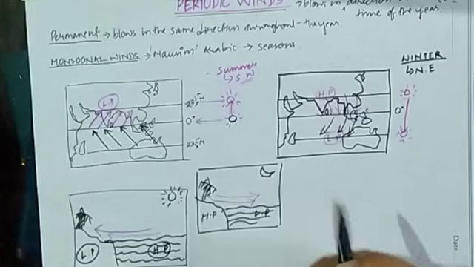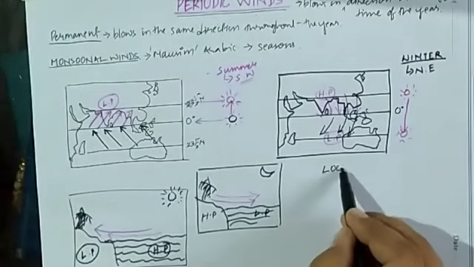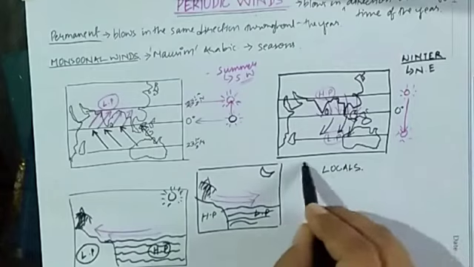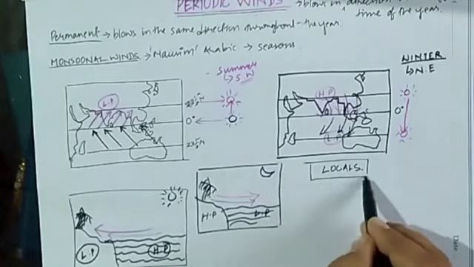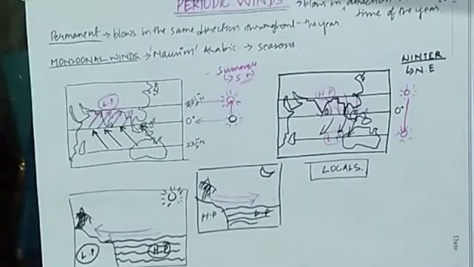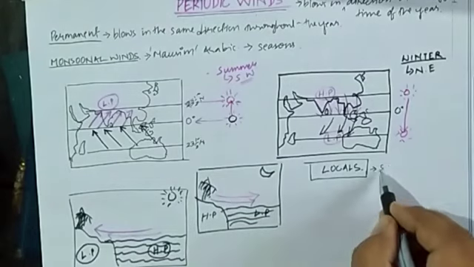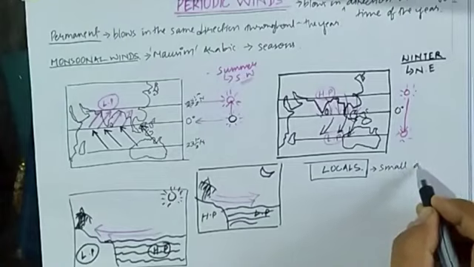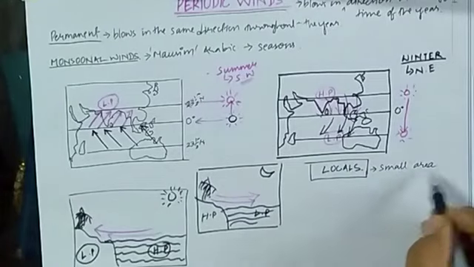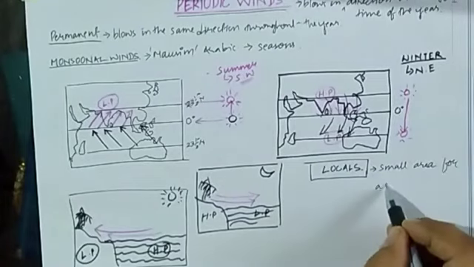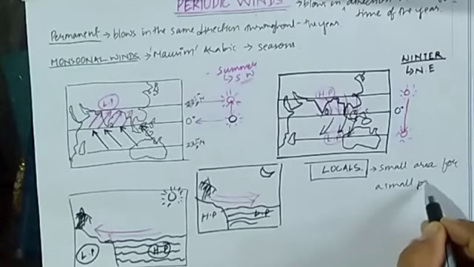In a similar manner, students, let us discuss another type of wind, the local winds. Now the local winds are the winds which blow in a small area for a small period of time.